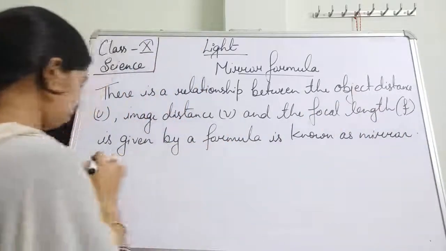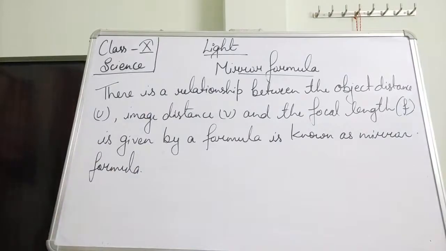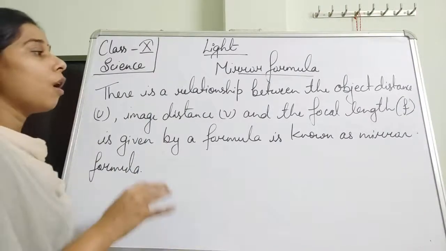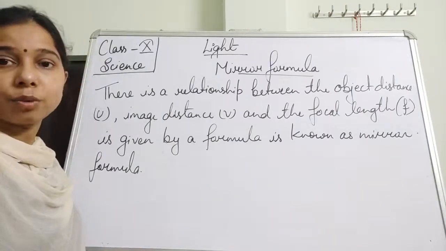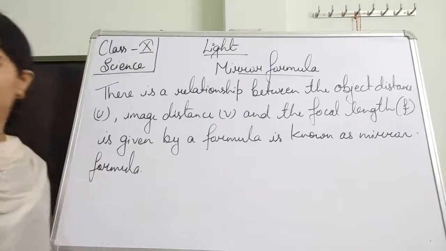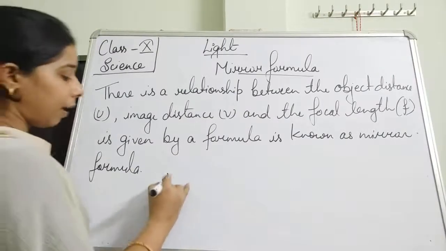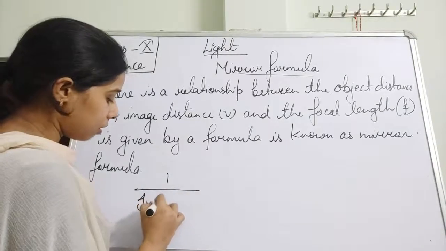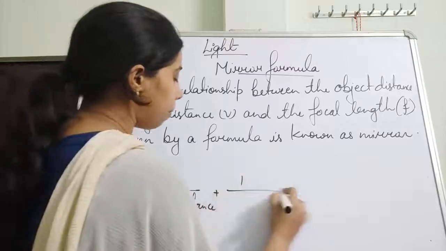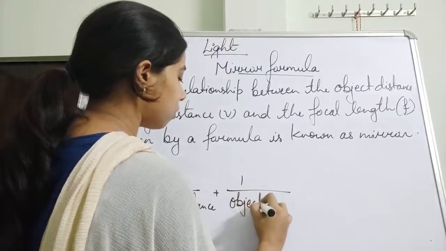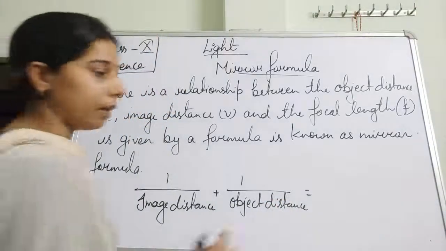So whenever somebody asks you what you understand by mirror formula, you will always say that a formula which represents the relationship between the object distance, image distance and the focal length is called the mirror formula. And the mirror formula is 1 by image distance plus 1 by object distance is equal to 1 by focal length.